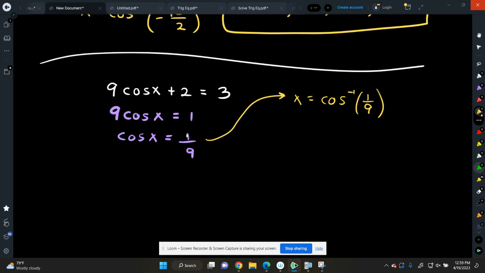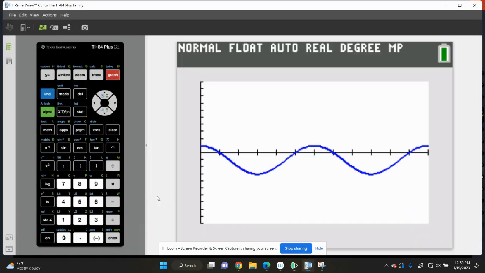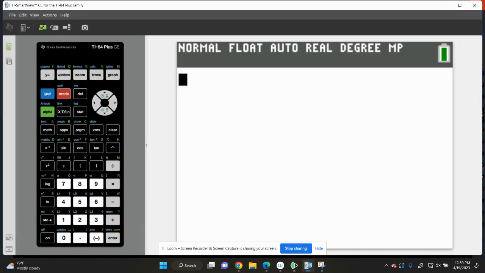Now I can't do that on my unit circle, so I have to use the calculator. So let's go to our calculator, and we're going to do inverse cosine of 1 divided by 9. Wait for you all to catch up.